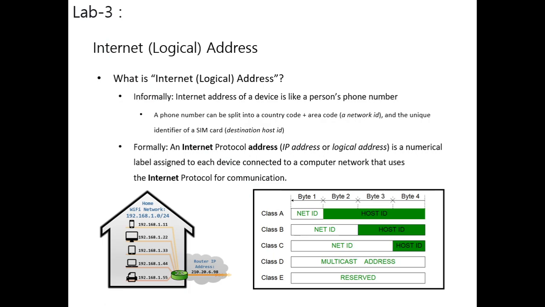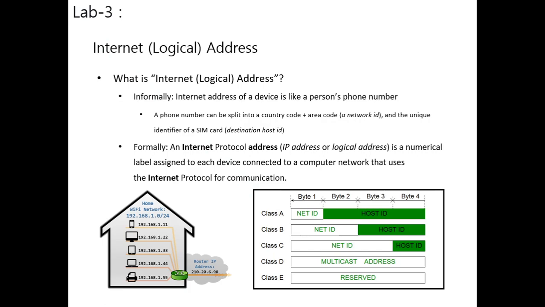An IP address is a numerical label assigned to each device in a computer network. Basically, if you're sitting at home connected to Wi-Fi, that Wi-Fi would have its own network, and your device would have its own numerical address that would represent that device inside that network. So that would be your internet address, or in other words, logical address, right?